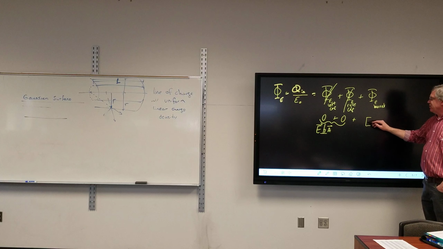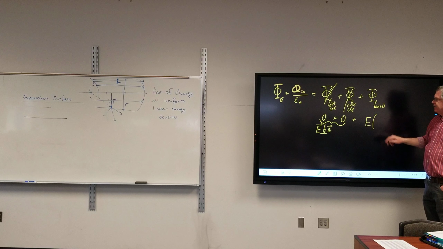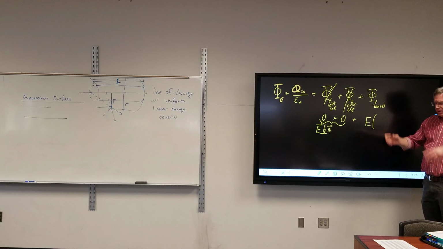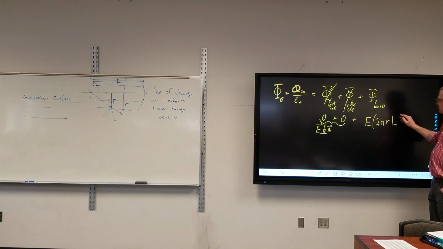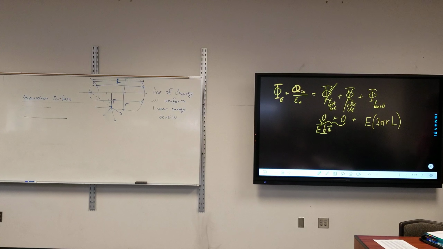So this is going to be the magnitude of my electric field times the area of the barrel, which is 2 pi r L. That's just the surface area of the side of a cylinder. Is this number the same for the whole barrel part, just not the ends? Correct.